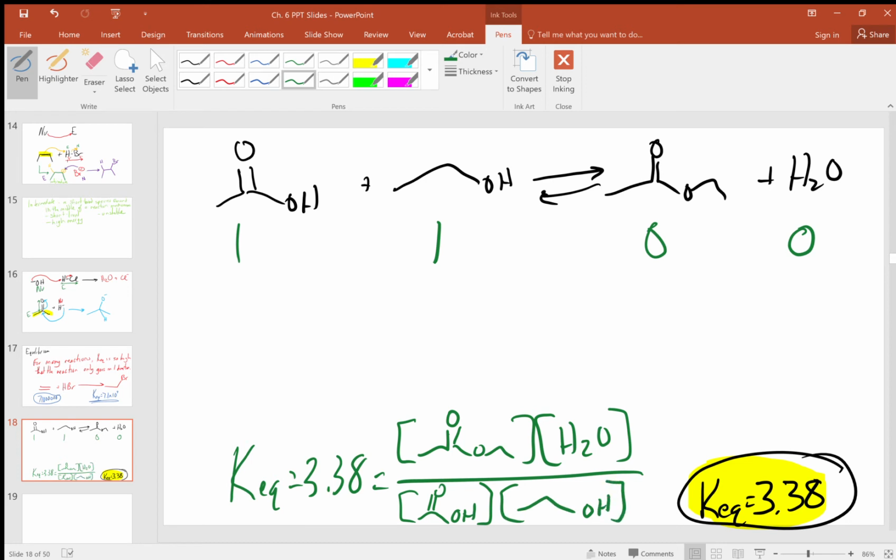Now, how do we find those numbers? Everyone loves an ICE table, right? So we know that the carboxylic acid goes down by some amount. Since they're 1-to-1, the alcohol goes down by that same amount, and the ester and water will go up by those same amounts.